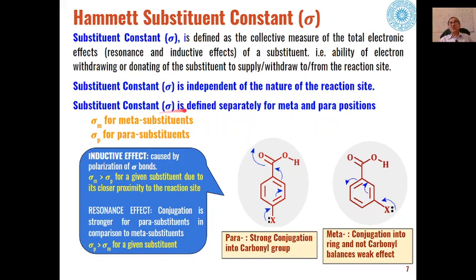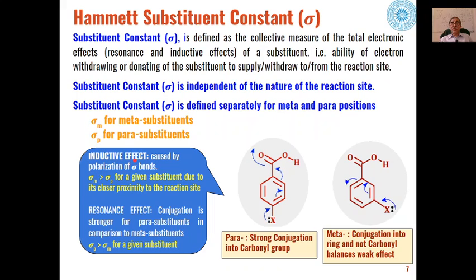Substituent constants are defined separately for meta and para positions. For a meta substituent this is called sigma m, and for a para substituent this is called sigma p. There are two types of electronic effects, inductive and resonance.